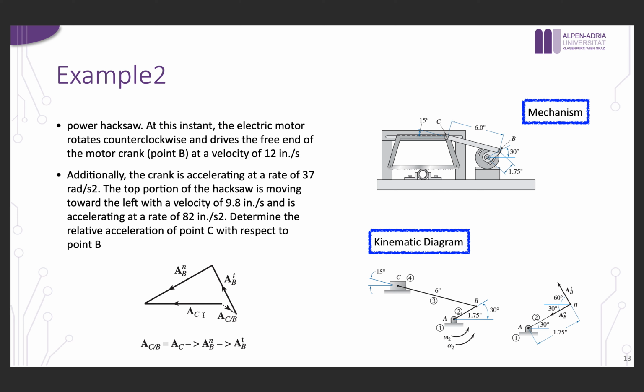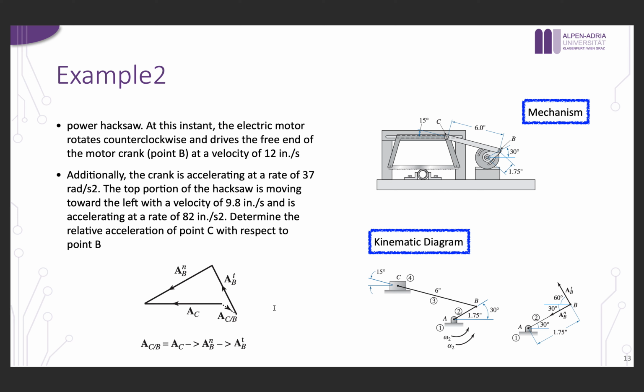Now we know that point B is rotating. That means it has both components, the tangential and normal acceleration. We know the normal acceleration is along the radius of rotation, and the tangential is 90 degrees, or perpendicular, to that line.